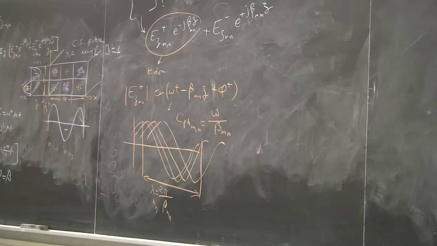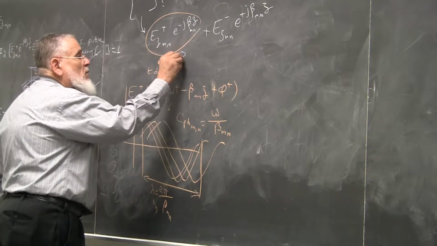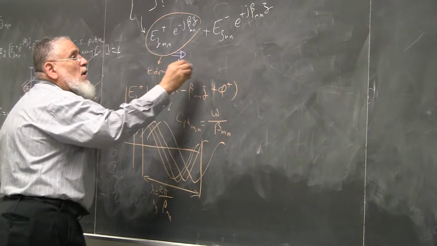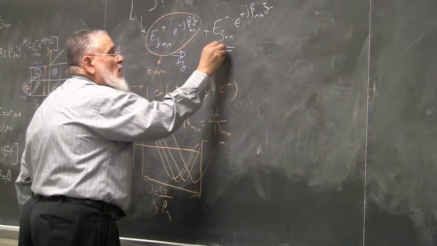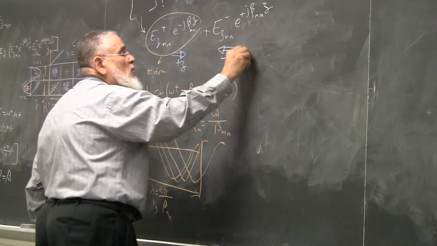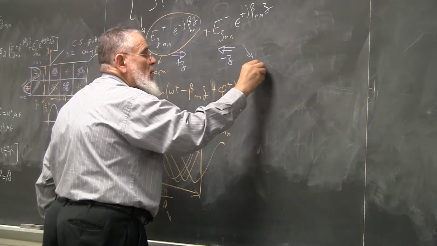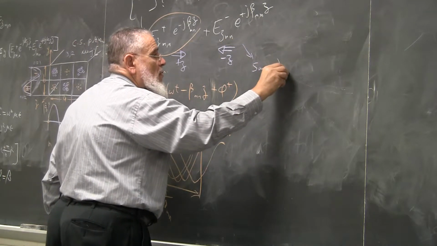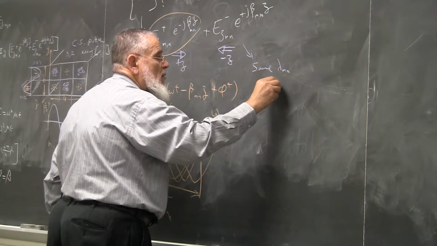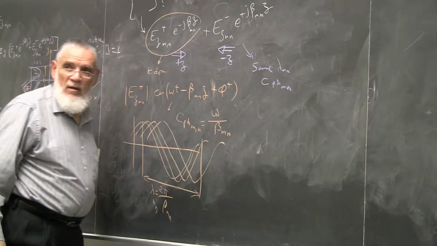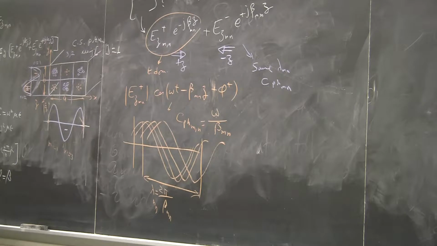It's a wave propagation. And so this one here is a wave that propagates in the plus z direction. And this is a wave that propagates in the negative z direction, which will have the same lambda mn and c phase mn. Same exact thing, just different amplitude, and obviously different phase.